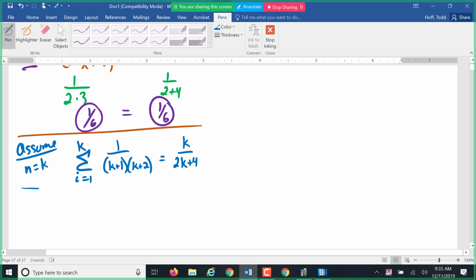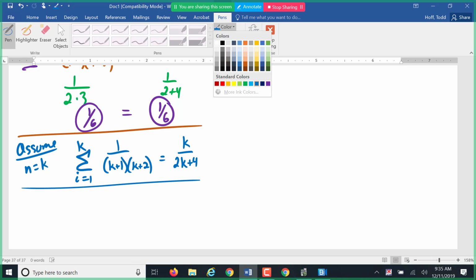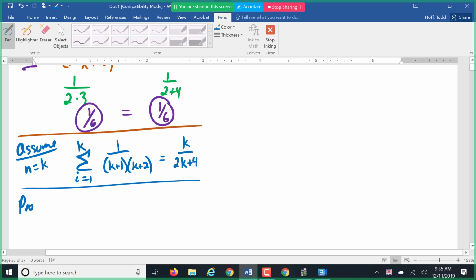We assume that to be true, so there's nothing we have to do with that other than state that we assume that to be true. Then we have to prove that given this assumption, it's true for n equals k plus 1.